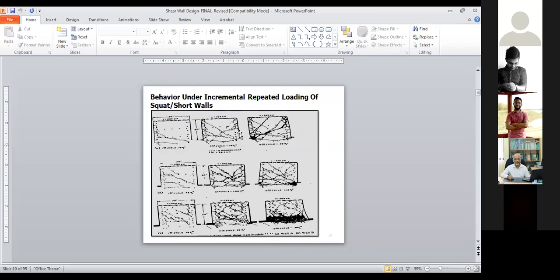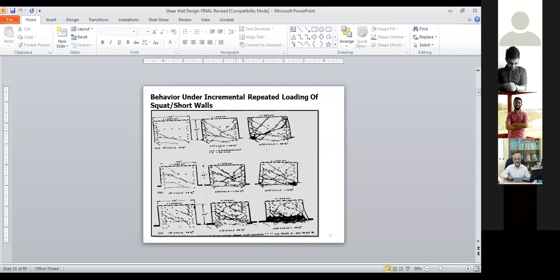Here I show you some experimental data when the height is very low. When you apply cyclic loading on the squat wall or short wall, you can see that the failure is mainly due to shear cracks.